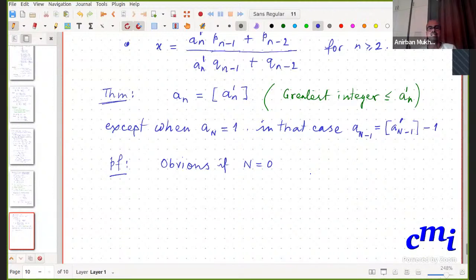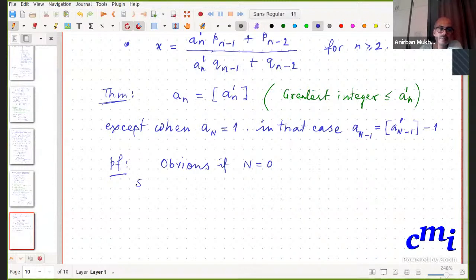That's just an integer, just a_0. In that case, a_0 is going to be equal to a_0', which is an integer. So that's obvious if N is 0.